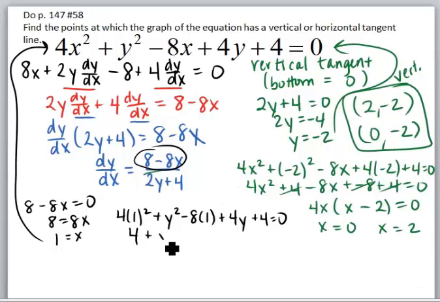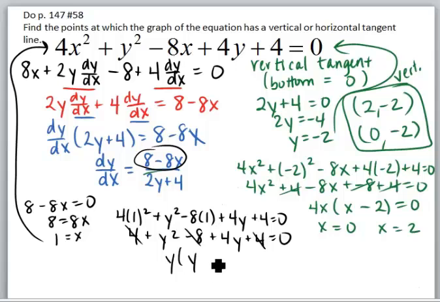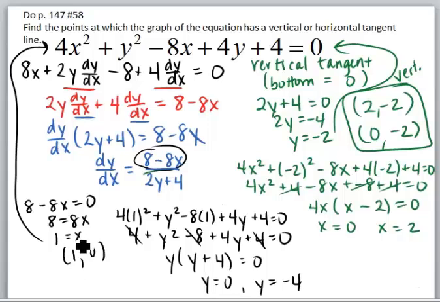So I have 4 plus y squared minus 8 plus 4y plus 4 equals 0. 4, negative 8, and 4 makes 0. Factor out a y. I'm left with y plus 4 equals 0. So my y values are 0 and y equals negative 4. That creates 2 points. 1 comma 0. Okay, there's my x, 1, and there's my y, 0. And the other point is 1 comma negative 4.